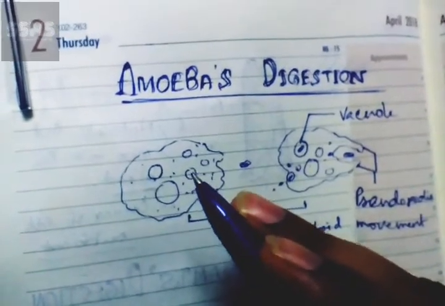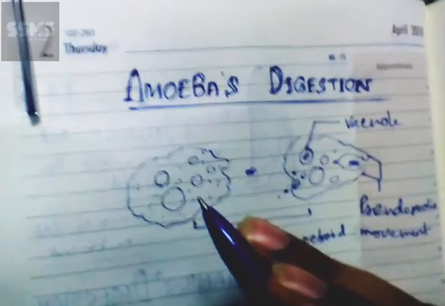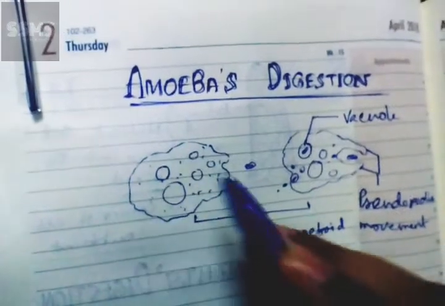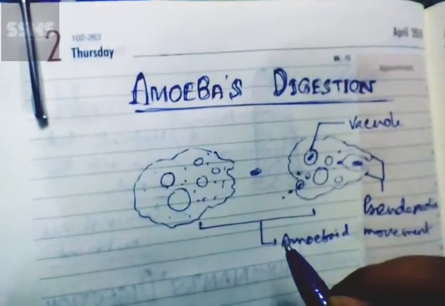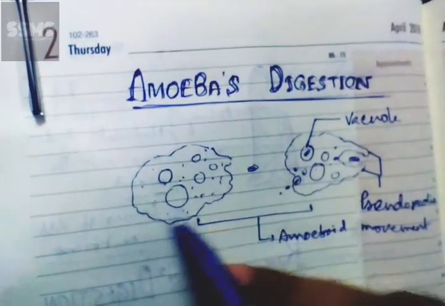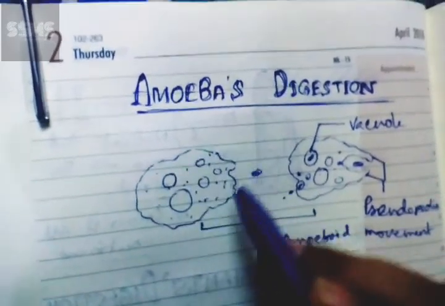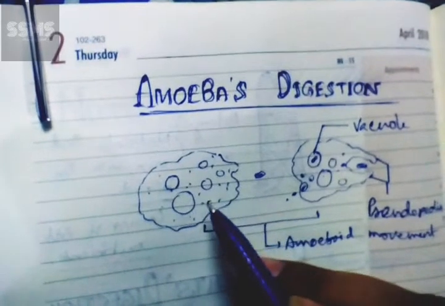So you can understand how microscopic it is, but we have drawn it according to the microscope, as we have seen through the lens of the microscope. Its whole body is jelly based.